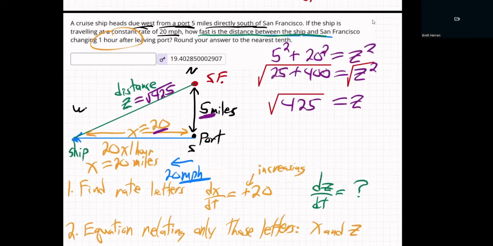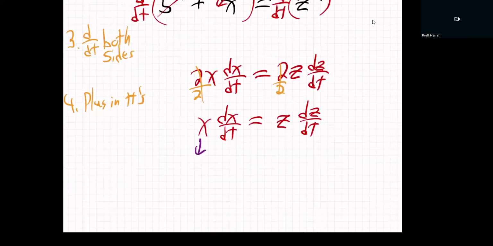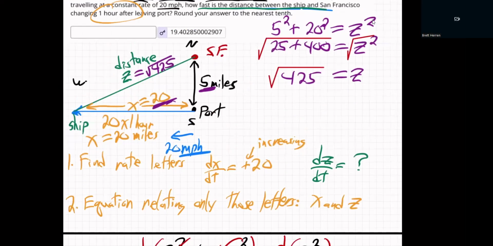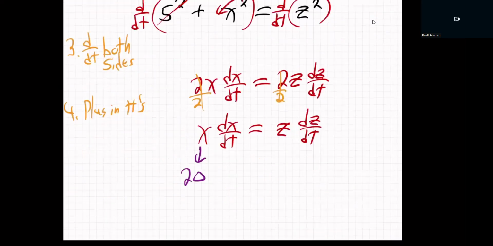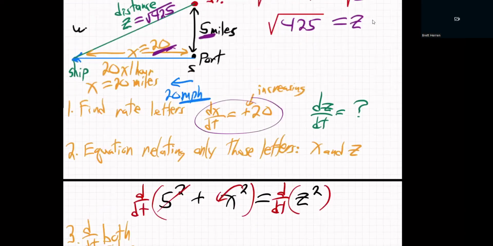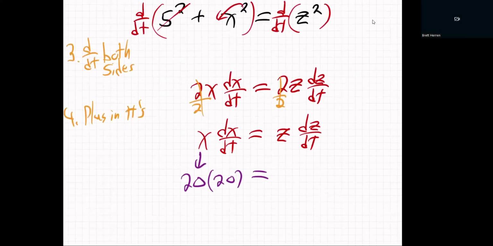Let's bring that down. So what's x again? X is 20. So x is 20 times dx/dt, positive 20, coincidentally, equals z. Z is the square root of 425. So let's put that in there, the square root of 425, and then dz/dt, which is what we're looking for.